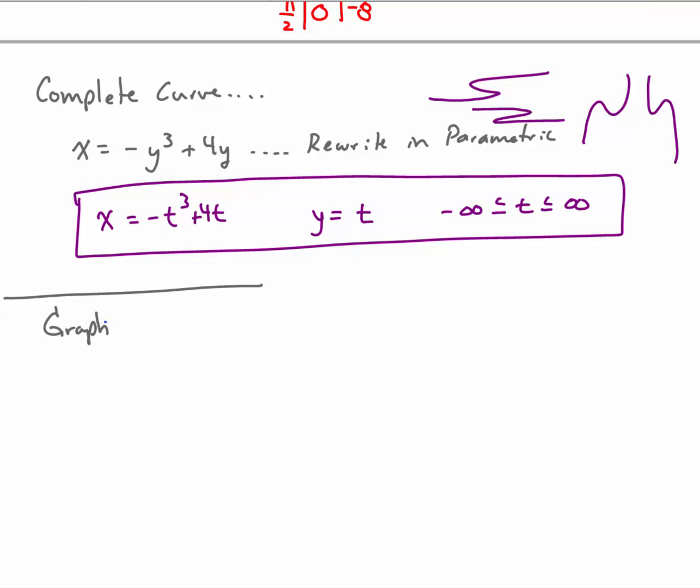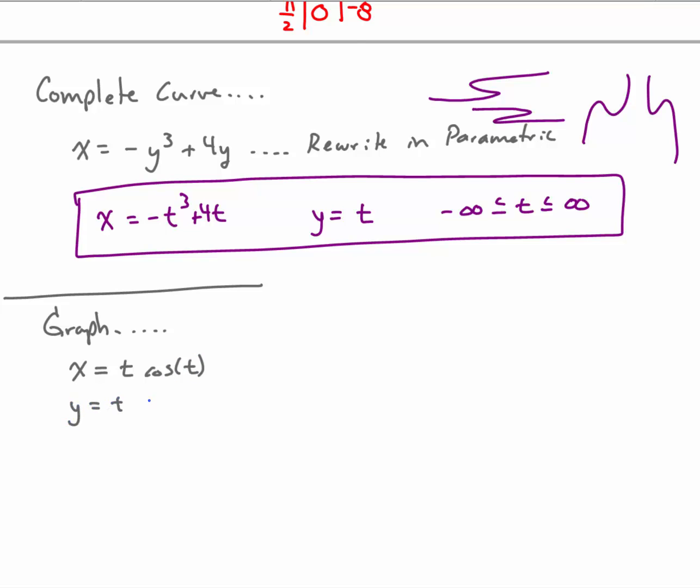Now again, this one was complicated enough because it's not a 3 cosine t, it's a t cosine t. And unless you graph a lot of these, you probably wouldn't be able to guess that that's what it was going to look like. This is kind of a spiral shape.